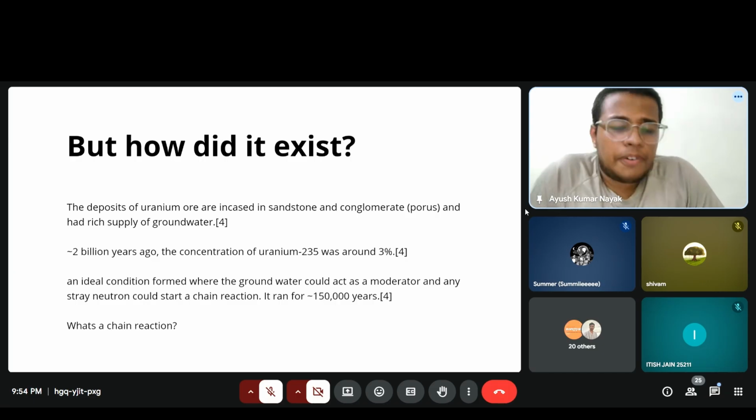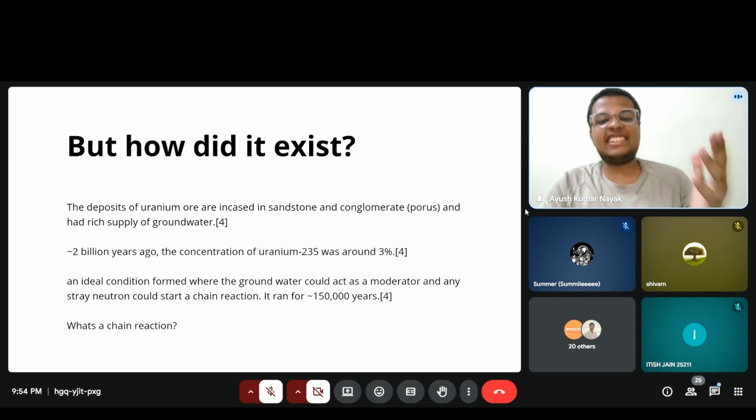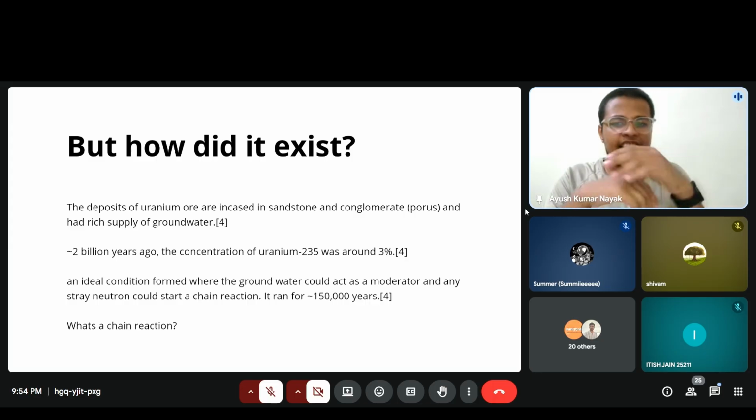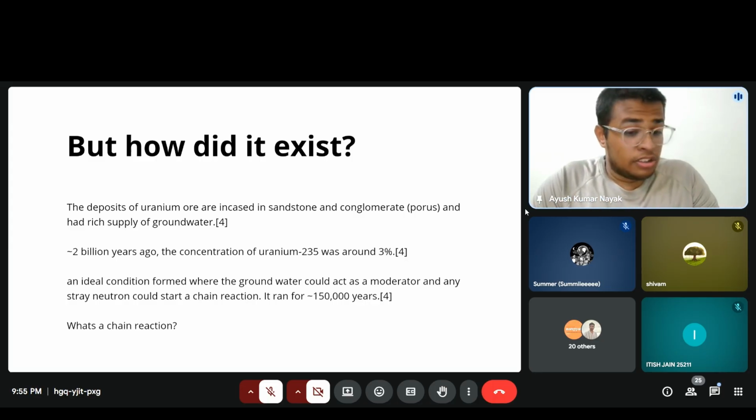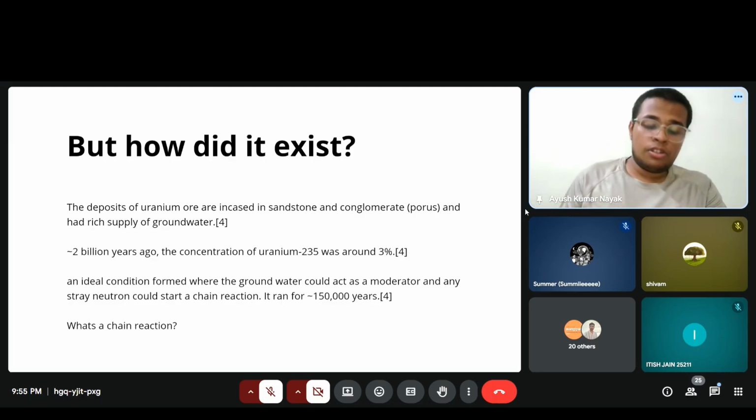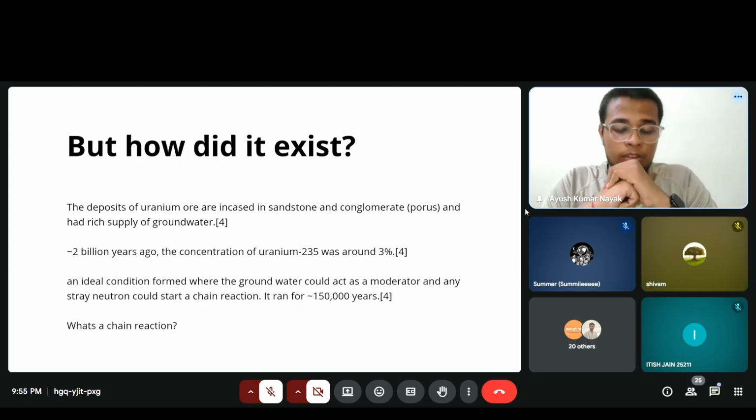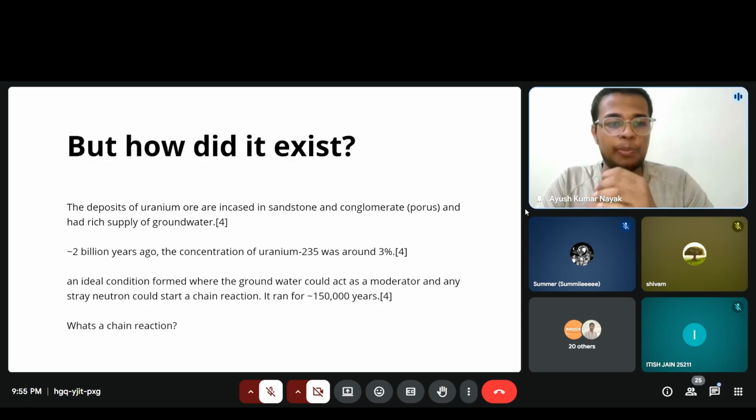So, the Oklo deposits, the uranium ore there, is encased in sandstone and conglomerate. Sandstone and conglomerate are extremely porous, and they had a really rich supply of groundwater. So the groundwater went through the sandstone and conglomerate and accumulated near the ore deposits.